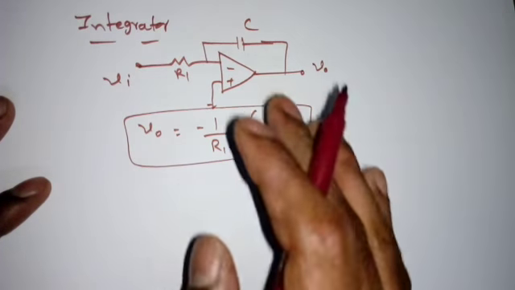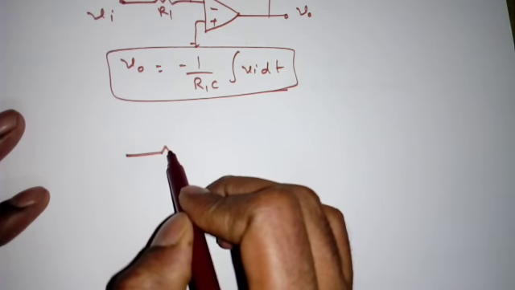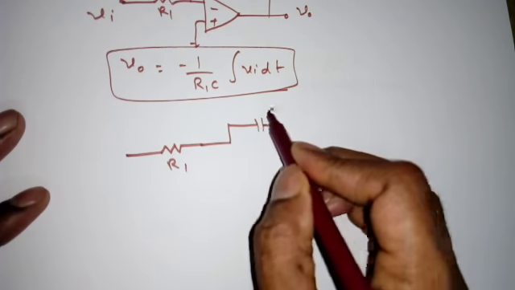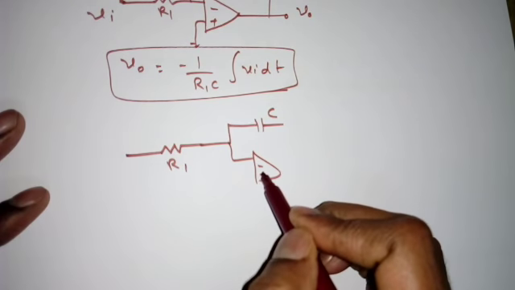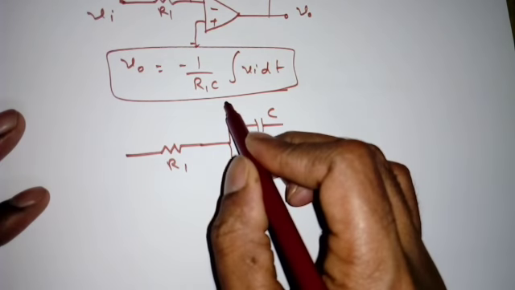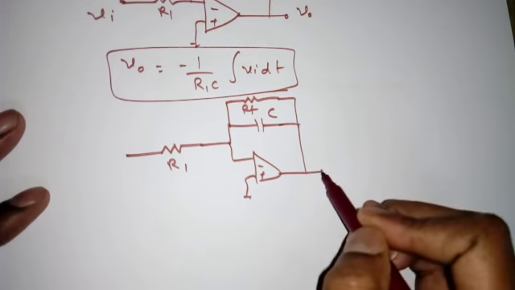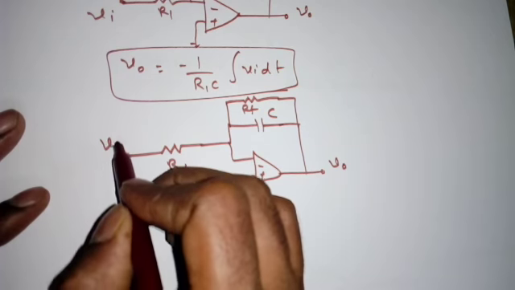But practically it is not possible, so we need to add a resistor in parallel with the capacitor. Minus, plus, ground. Here I am adding a resistor RF. This is V0, this is Vi.